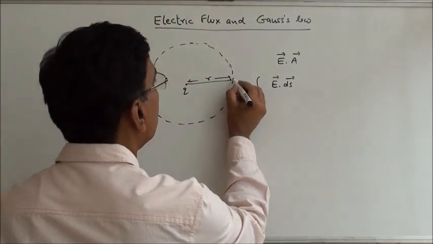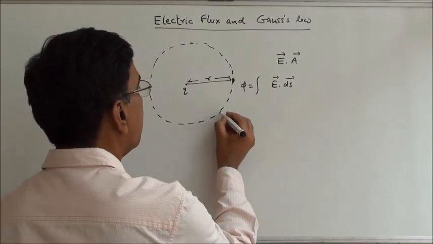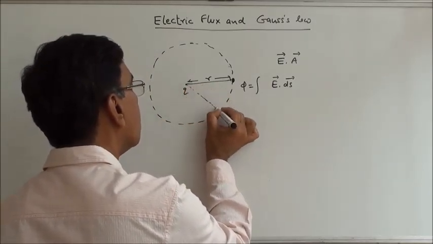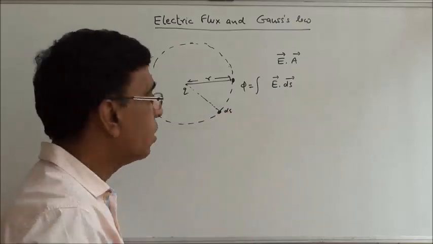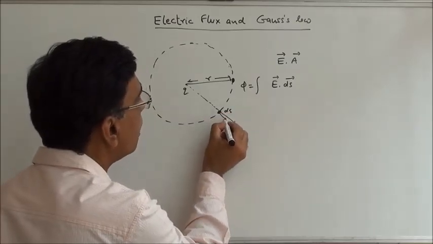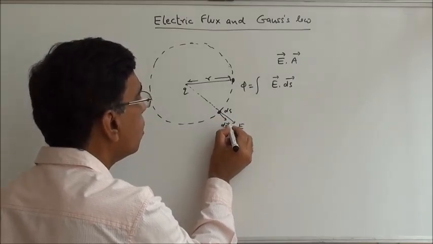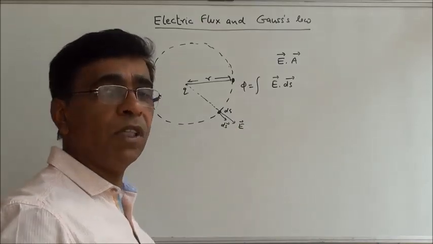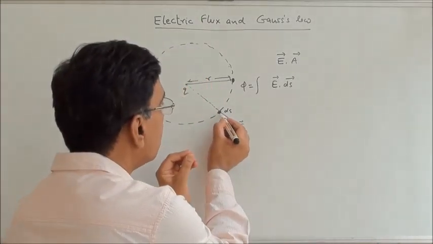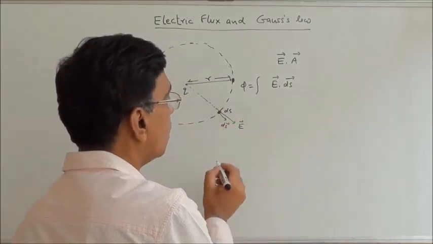I may take only one very small area, say ds, at any point, and calculate the flux for it. Flux is electric field dot area vector. See, ds is always perpendicular to the given area. So whatever part we consider, the area vector will be radially outward, along this radius.